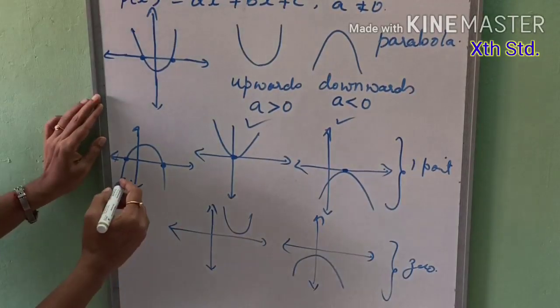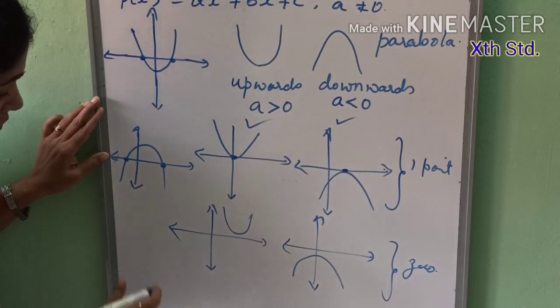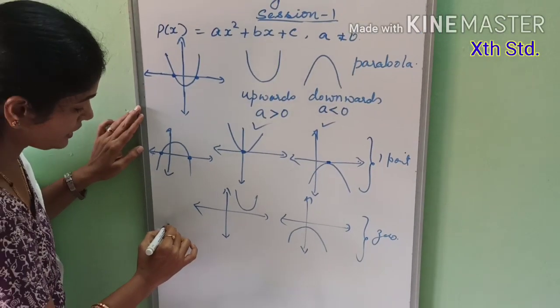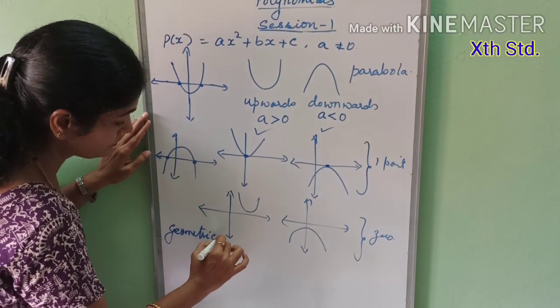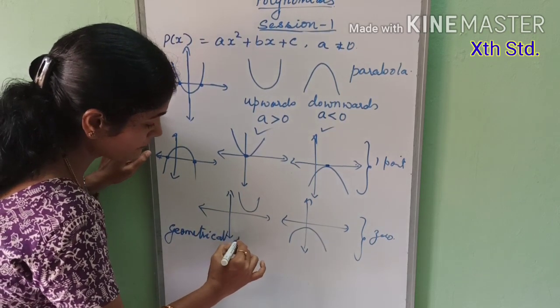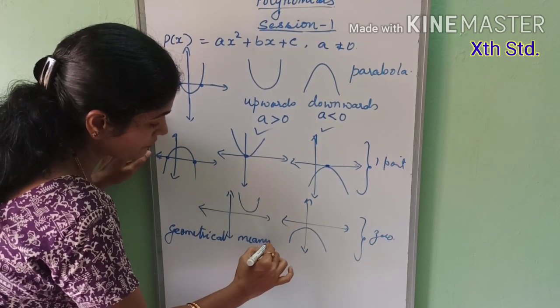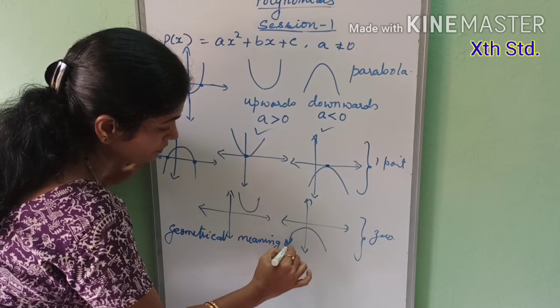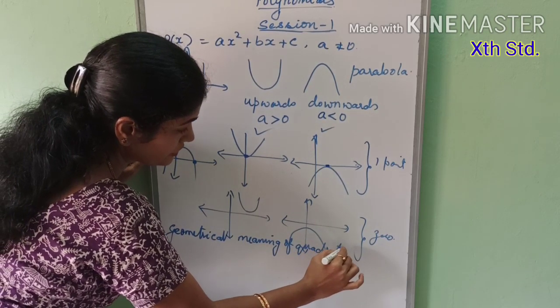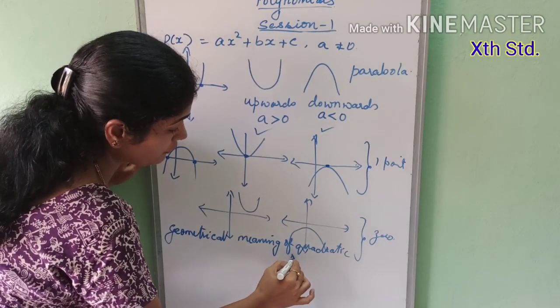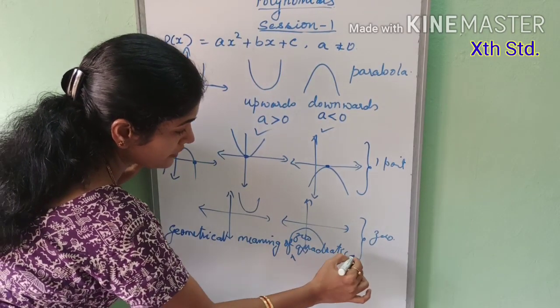I will write it here. Geometrical meaning of zeros of quadratic polynomial.